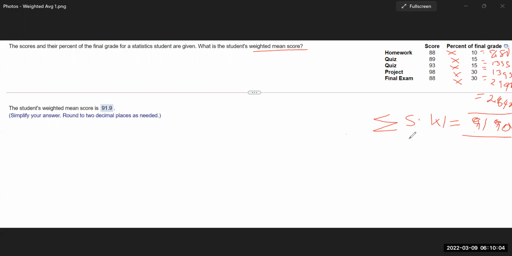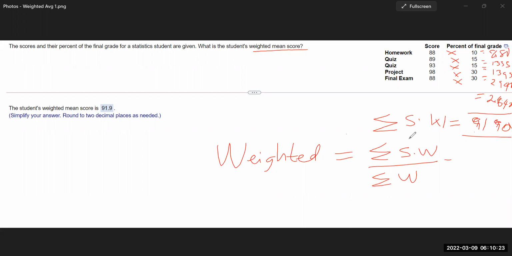Now to find the weighted mean score, what I would do is the sum of the score multiplied by the weight over the sum of the weight. Now this is 9,190 divided by 100.